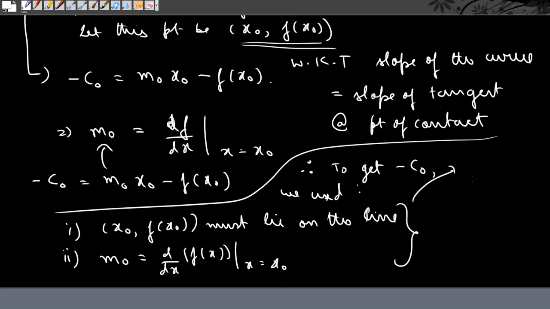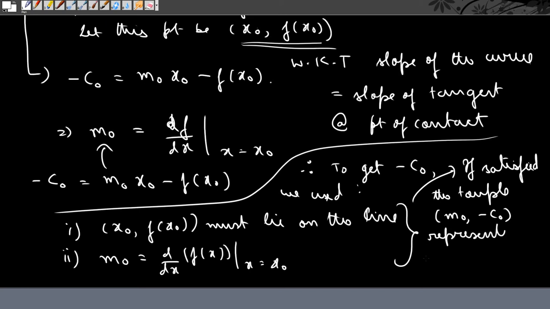So if these are satisfied, the tuple m naught comma minus c naught represents the tangent to the f of x curve at x naught comma f of x naught.